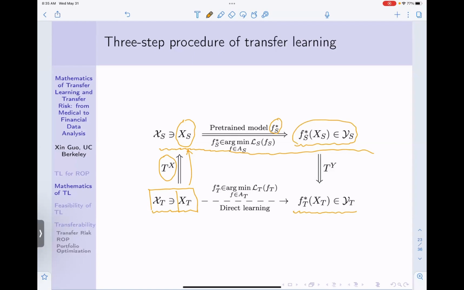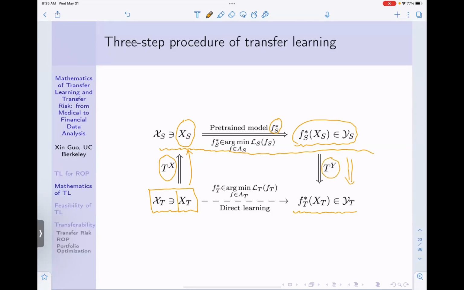But then imagine when you do the classification, the classification in this old model may not be exactly what you're looking for, because the classification classes could be changing, or your objective could be changing. So then you have to have another adaptation.